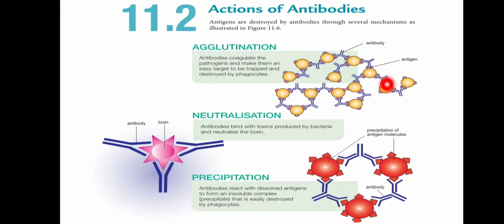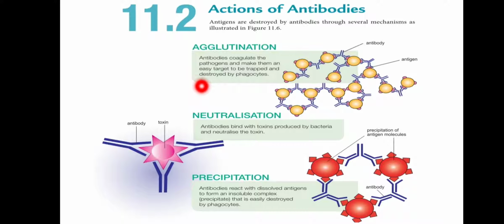So kalau kita lihat di sini, antigen yang warna pink, yang Y shape biru itu antibody. Dia akan attach dengan antigen sampai dia jadi begini, menggumpal. So ini akan menyenangkan kerja phagocytes untuk destroy antigen tersebut ataupun pathogen tersebut.